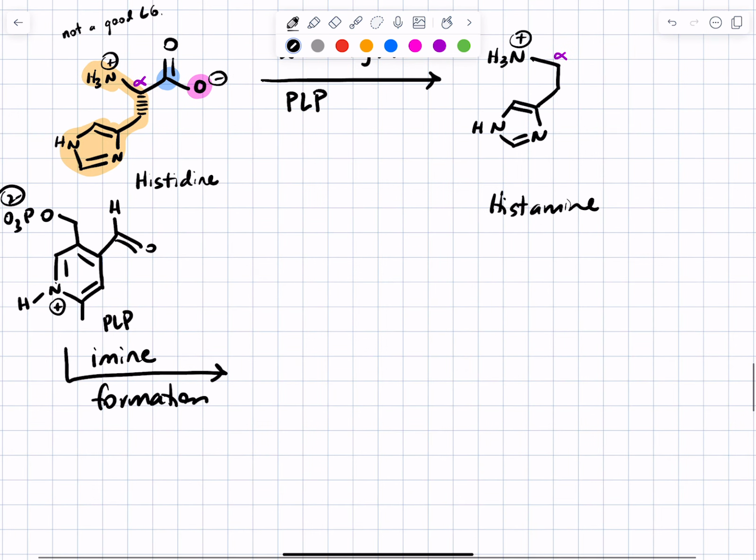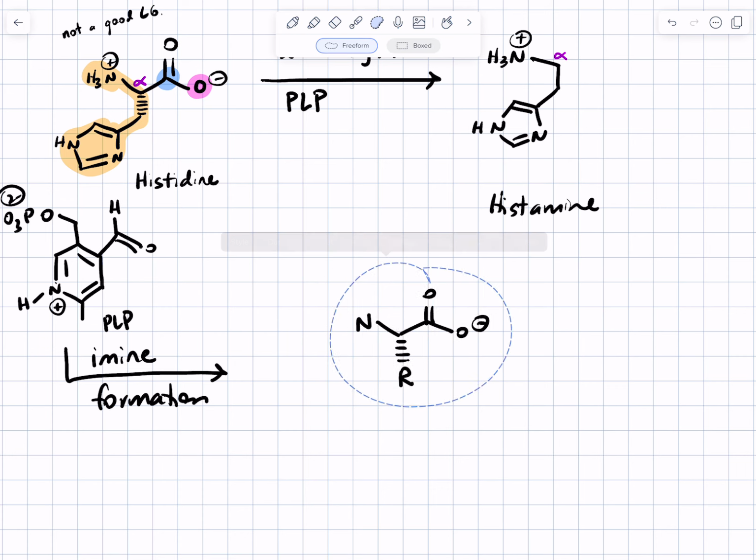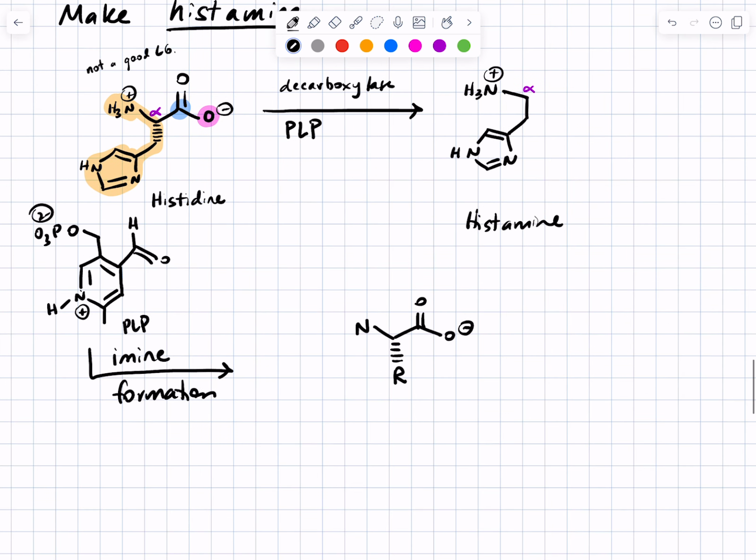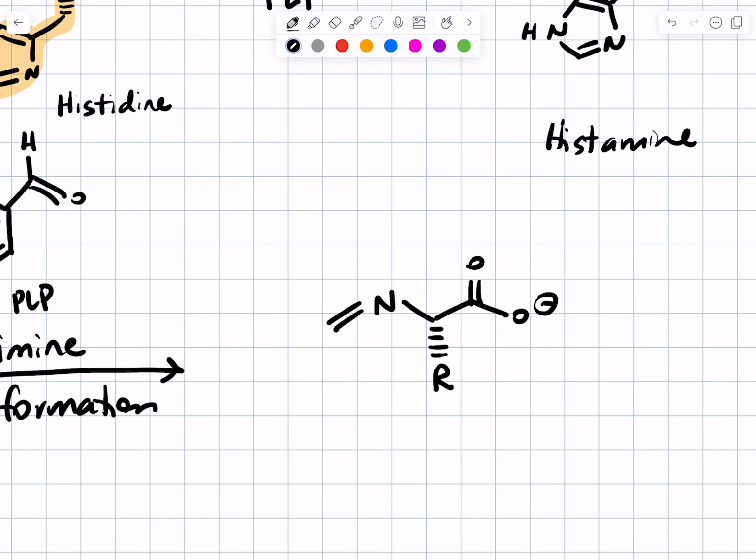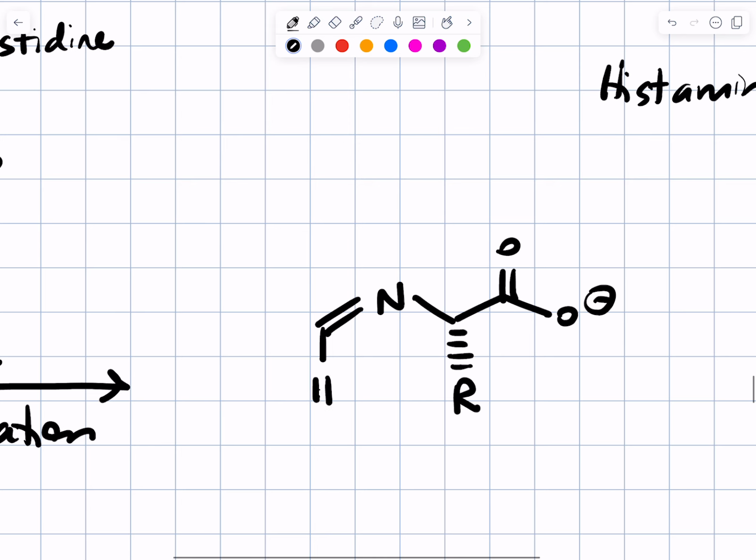And I want to draw that real quickly. Of course, the ammonium nitrogen would need to lose a proton first before it can attack the aldehyde. We'll assume that the enzyme catalyzes that step. For right now, I'm going to abbreviate the histidine side chain as R. And I want to draw the imine that forms when we react PLP with the nitrogen from the amino acid.